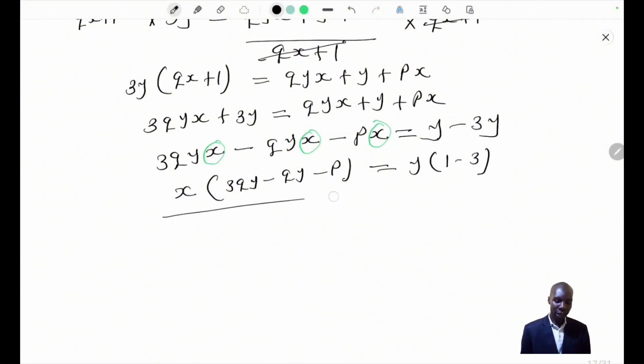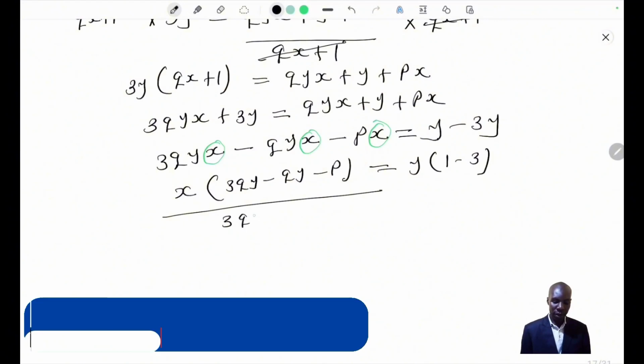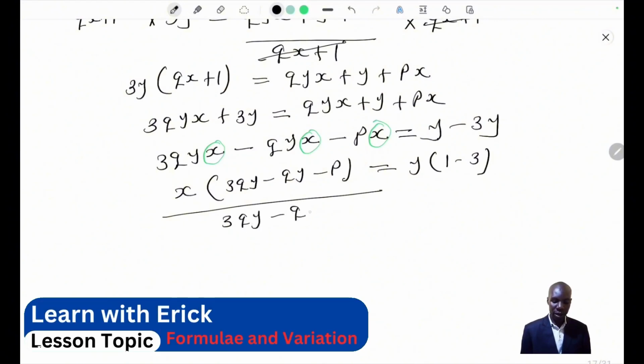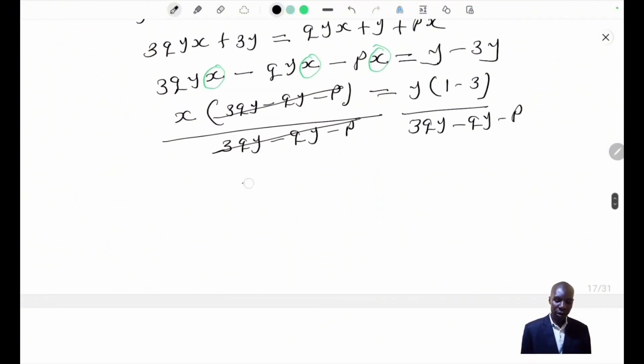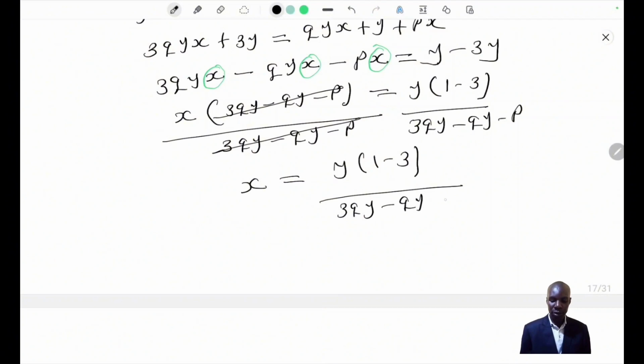So x alone we can divide by 3qy minus qy minus p, divide 3qy minus qy minus p. So this one cancels with that. So we are left with x equals y in bracket 1 minus 3 over 3qy minus qy minus p.